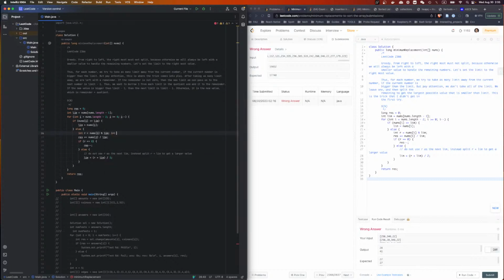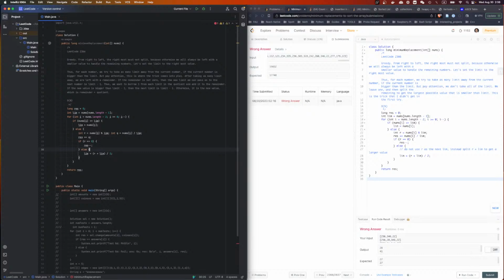So we'll do Q equals nums_i divided by lim, right? So rest will plus equal to Q. No question about this. Otherwise, lim shall equal R plus Q. Is R plus Q larger than limit minus 1?